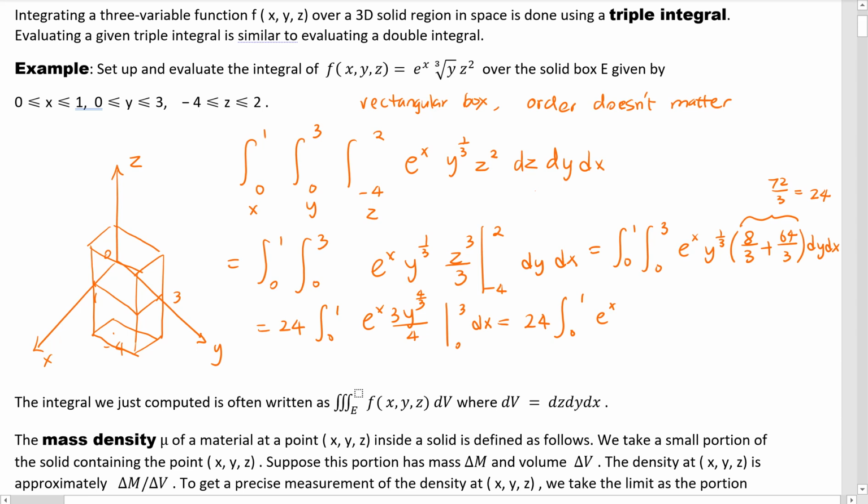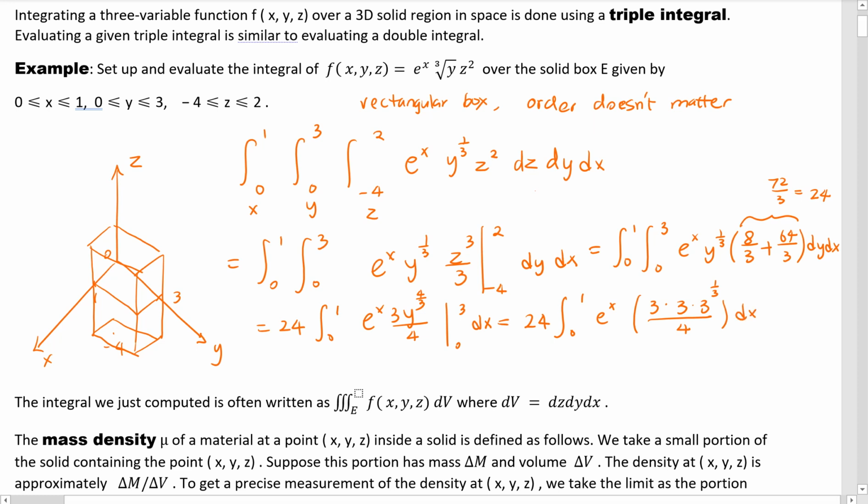So this is 3 times 3 to the 4 over 3. That's the same as 3 times 3 to the 1 over 3, and then over 4. Subtract 0. 0 is gone. So far so good, everybody.